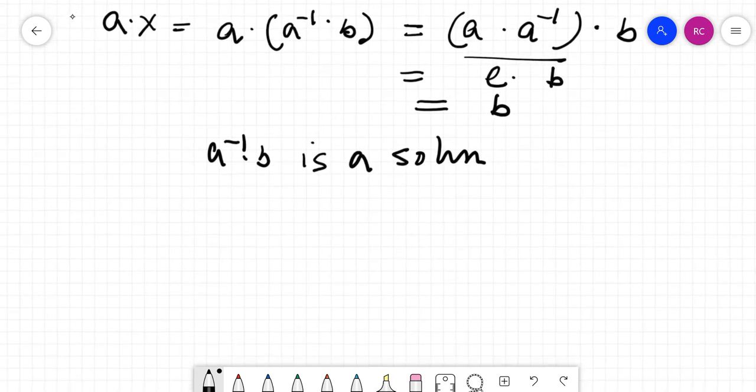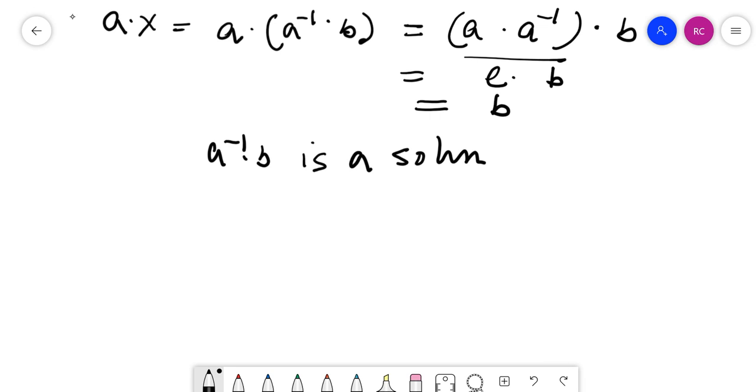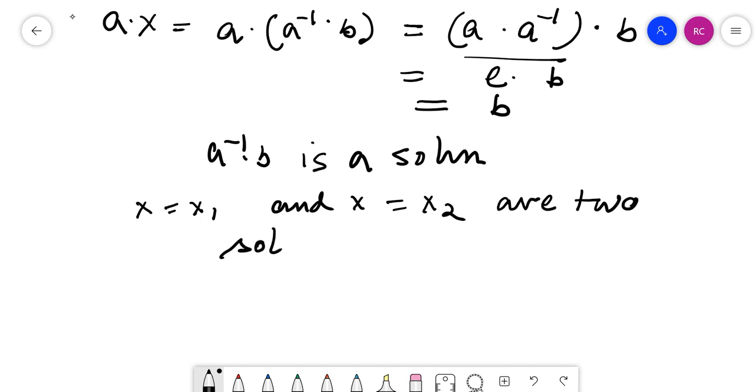Now we have to prove the solution is unique. How? Suppose x equal to x1 and x equal to x2 are two solutions, right?